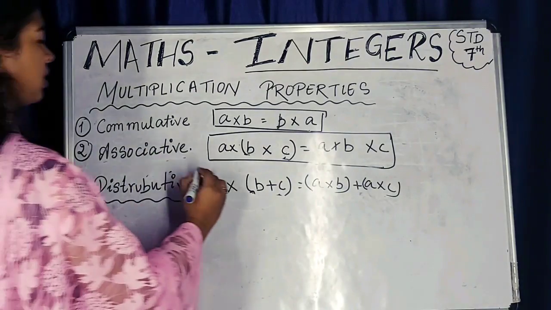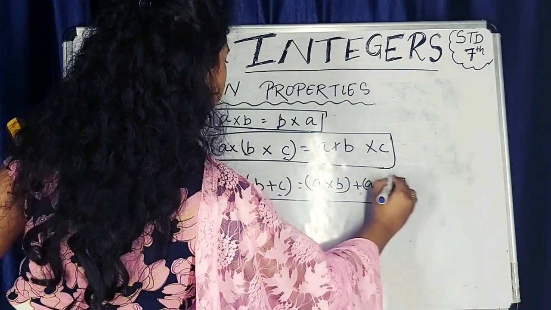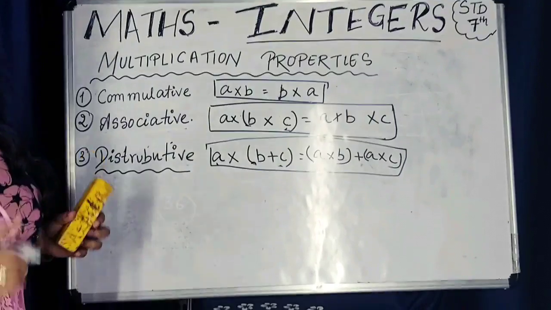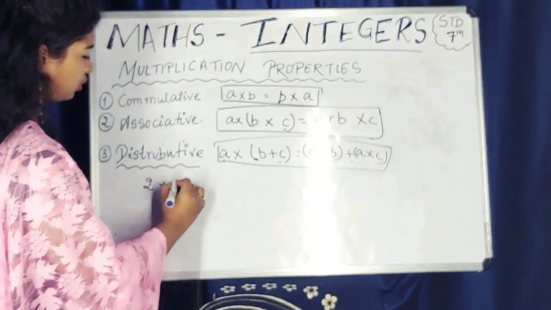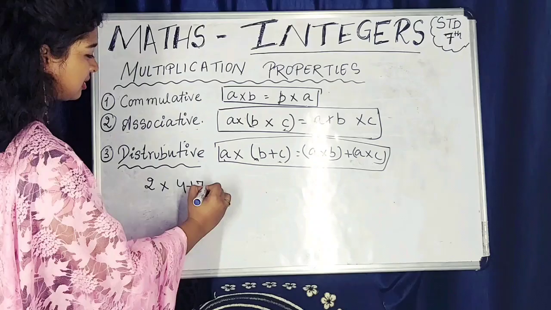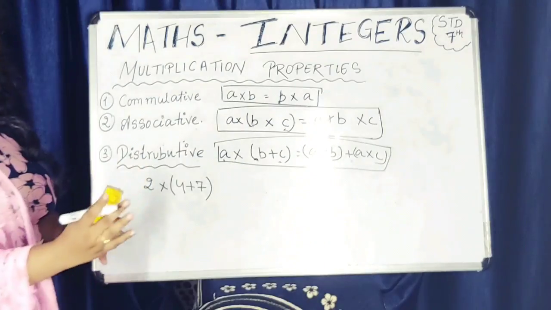Now I will give you a small example. Let's do it all together. Let's take an example of 2 into (4 plus 7). So how are you going to do it?